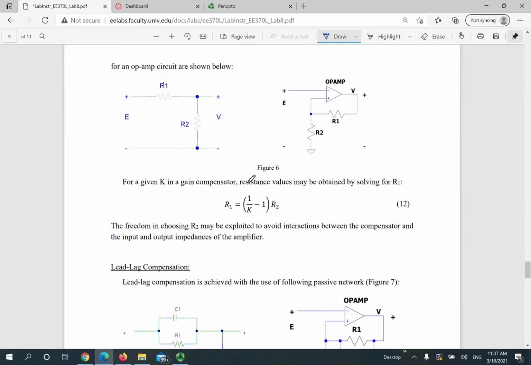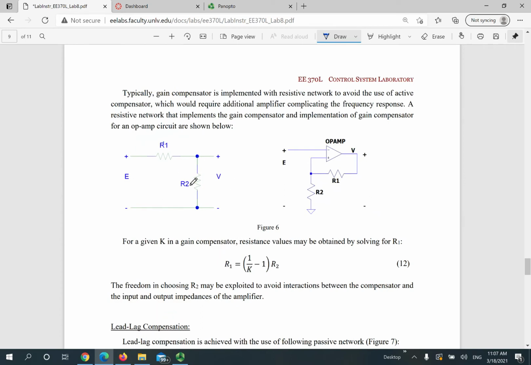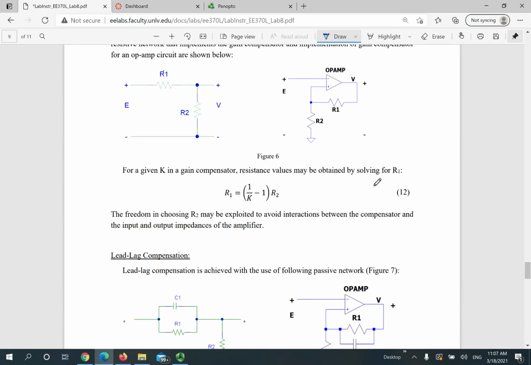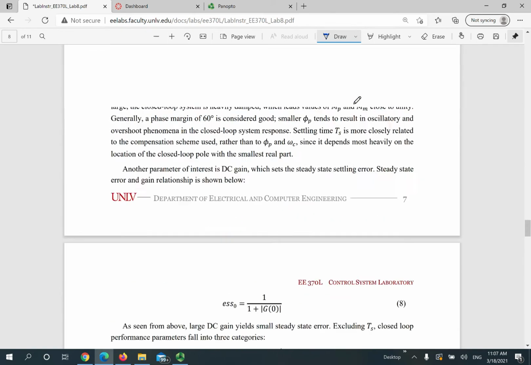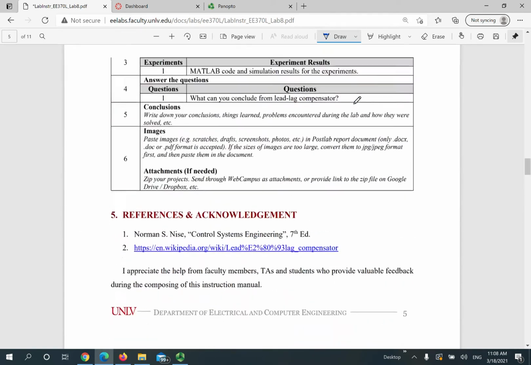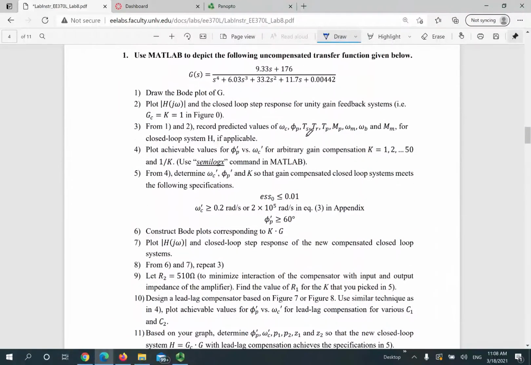The left side is the passive one, where the output gain is usually smaller than 1, and the right side uses op-amps, which give you a gain larger than 1 in most cases. If the gain is smaller than 1, then 1 over k is larger than 1, which means R1 is positive. If you use the right side scenario, it will be a little bit different. All right, so let's go back over here.